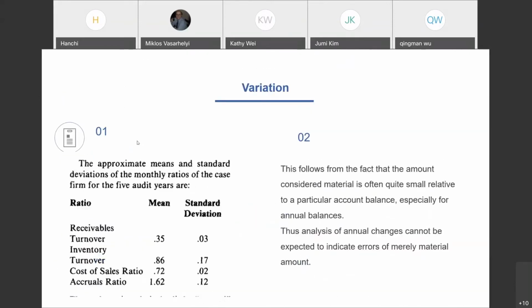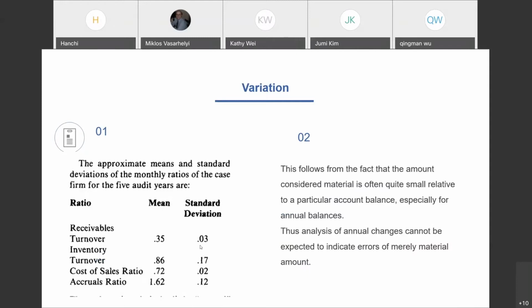Here is the result when we check the standard deviation and mean. We can see that there is relatively little natural variation in the cost of sales ratio, and a relatively large variation in inventory turnover.